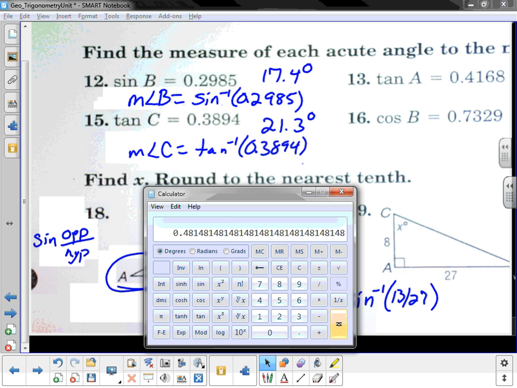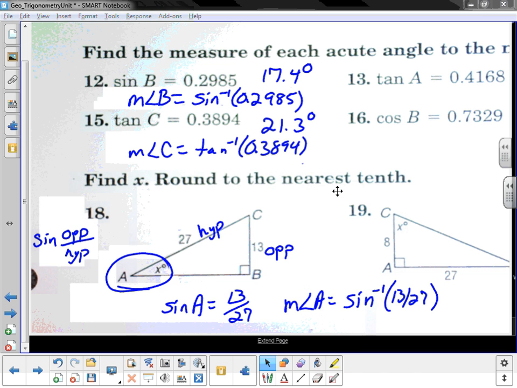I'll get a number, and then I'll do my inverse sine of that value. So I get 28.78222. So I would say it's 28.8 degrees to the nearest tenth. So that is how we find the measure of angles using our trig ratios.